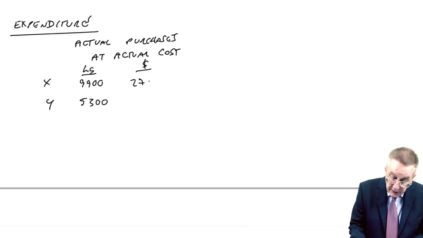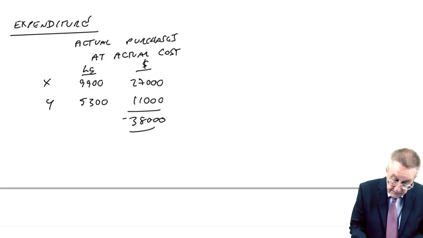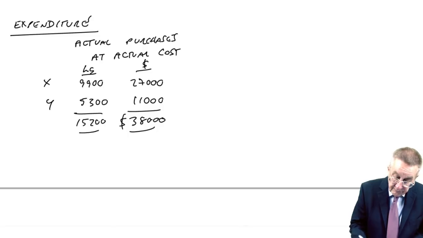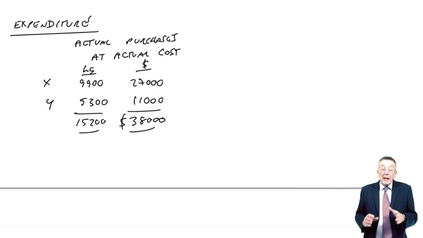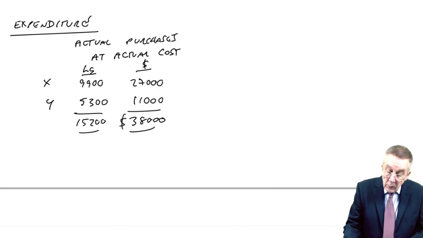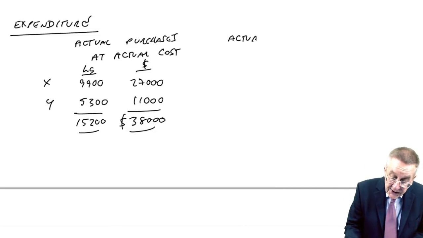On X, 27,000. On Y, 11,000. We spent a total of 38,000. So that's the actual purchases at actual cost. I'm going to compare that with the actual purchases at standard cost.